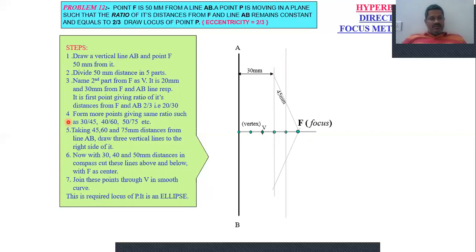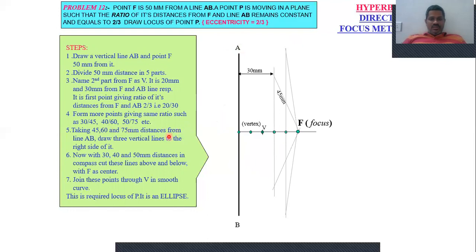Then take a 40 mm line, which is at 40 mm distance from AB. Take a 60 mm radius in the compass with F as center. Then intersect this vertical line at top and bottom, and you will get 2 intersection points on this line, which is at a distance of 40 mm from the directrix.